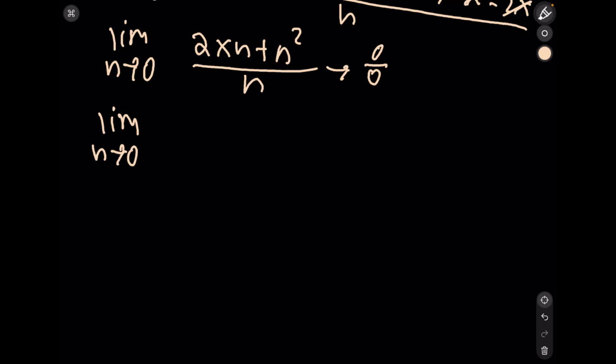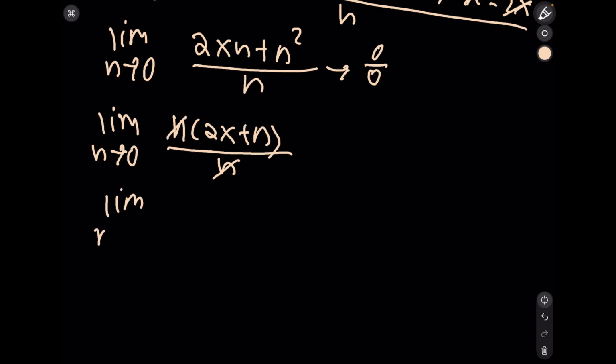And so h is the greatest common factor. So you can just factor out the h. So you're left with h times (2x plus h) over h. So from here, you can just simplify the h's. And so you're left with limit as h approaches 0 of 2x plus h.